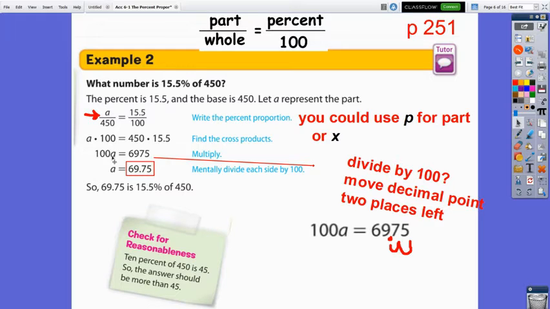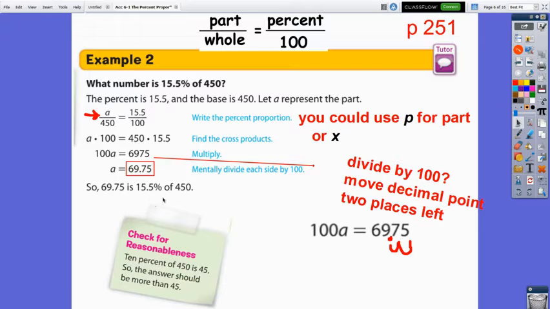Cross multiply, so you always get 100 times A in these types of problems when you're looking for the part. 100A equals 450 times 15.5, which comes out to 69.75. You can always use a calculator for these. So the answer is 69.75. That's 15.5% of 450. Does that make sense?